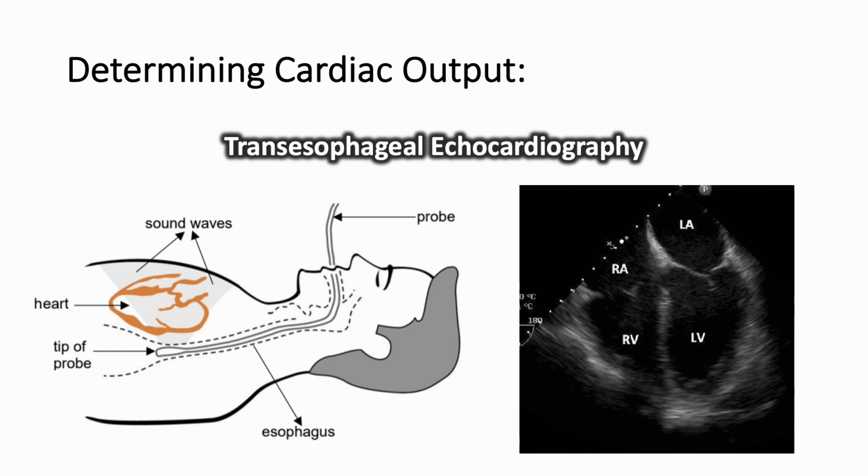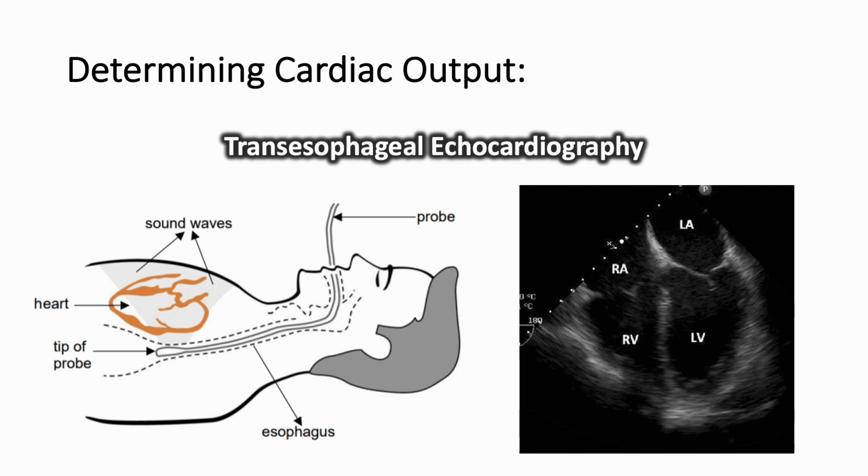Transesophageal echocardiography, so TEE, is another modality of echocardiography where the probe is inserted through the mouth and into the esophagus, where it's advanced to the level of the heart within the thoracic cavity. This is beneficial for image acquisition, as by having the probe within the esophagus, the distance between the probe and the heart is greatly reduced, and thus the impact of unfavorable body habitus is minimized.